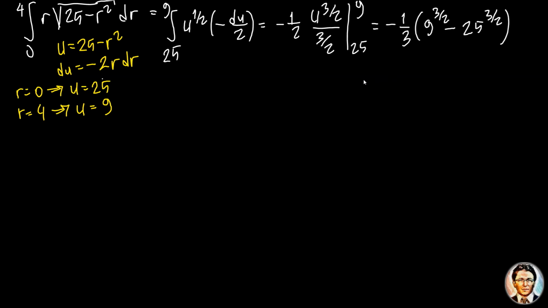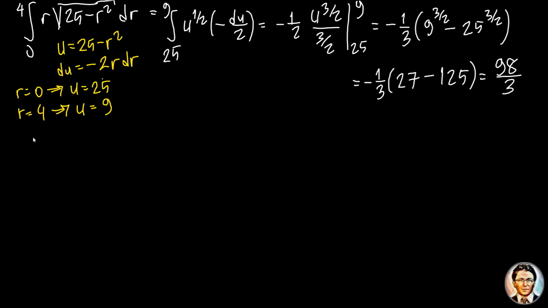So this is going to be minus 1 over 3, 27 minus 5 cubed, which is 125. 125 minus 27 is 98. So we can say 98 over 3.